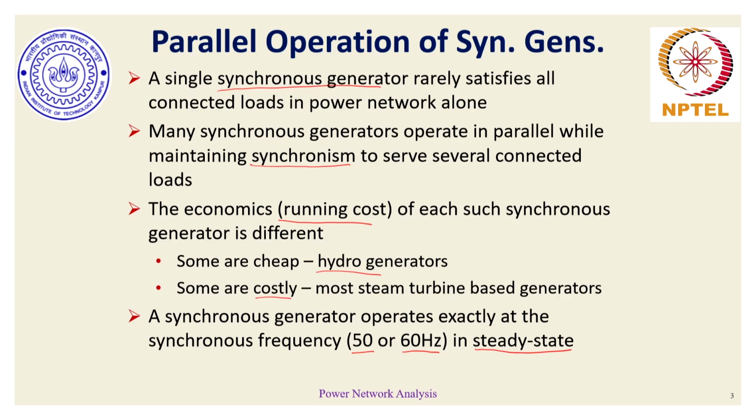And where does this setting of frequency come from? It comes from the perspective that these generators are all synchronized to the power network, and while synchronizing, matching the system frequency with the generator frequency is one important condition, and that's where 50 hertz or 60 hertz steady state operation comes into the picture.